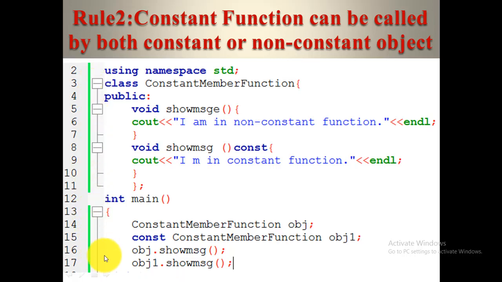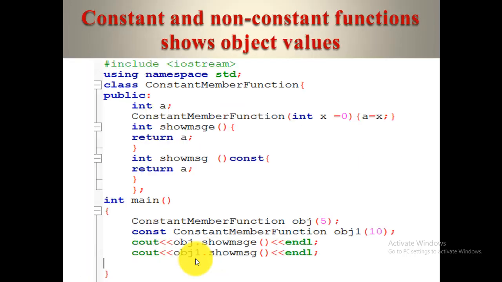It's proof that the show message function, that is a constant function, can be called by both objects, either non-constant or constant. So the show message function can be called by both constant or non-constant objects.